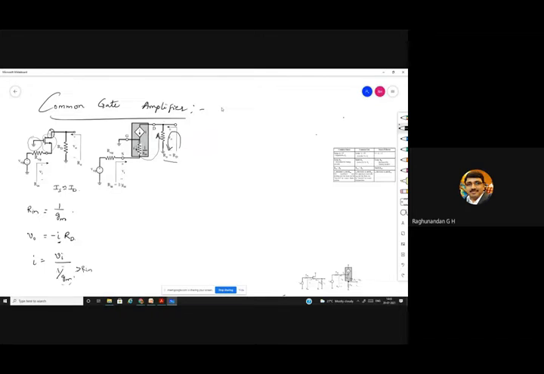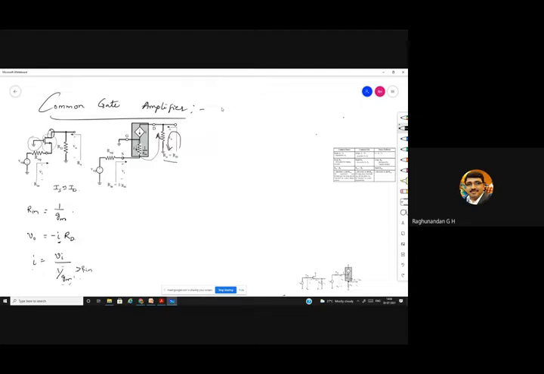So input voltage by input resistance will give you the current which is flowing through this part of the circuit. Since we are giving the input across the source only, the current flowing through this will experience Vi. That's why we have taken Vi. And since we are considering this as the internal source resistance 1 by Gm, we have taken it as 1 by Gm. Since we are giving input across the source, 1 by Gm itself will act as the input resistance.